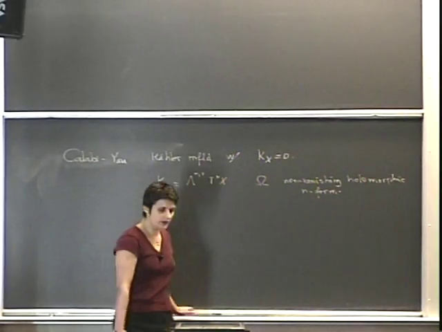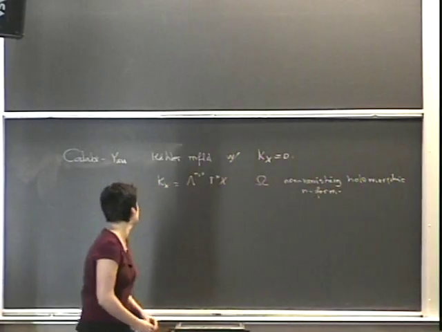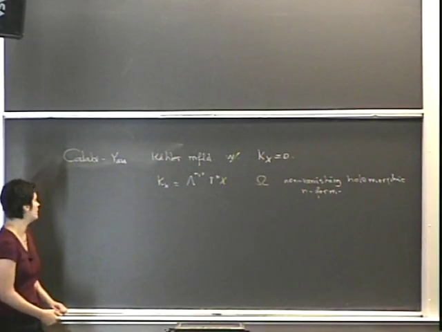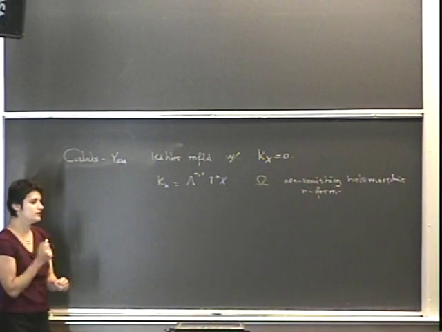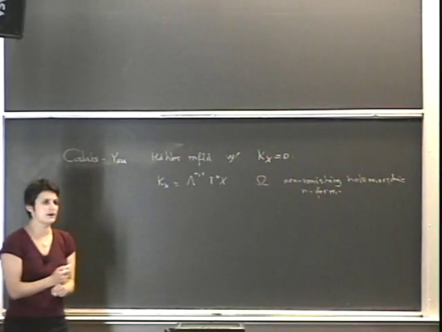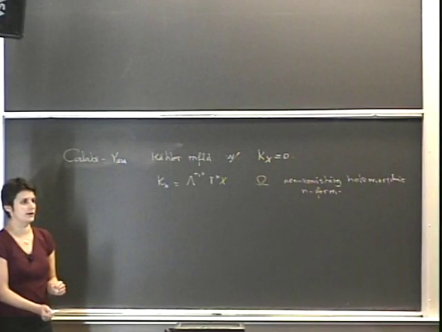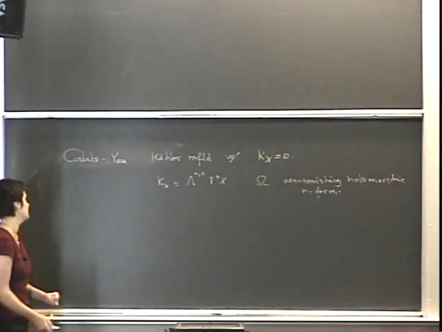Now, when you try to construct these Calabi-Yaus, it turns out that usually you cannot construct them to be smooth right away, and you'll get singular Calabi-Yaus.